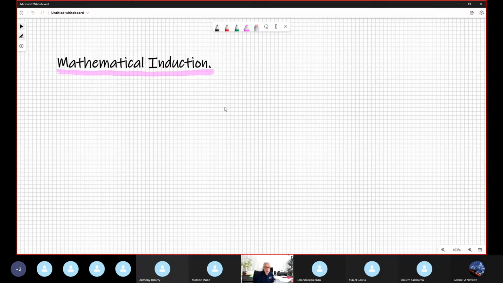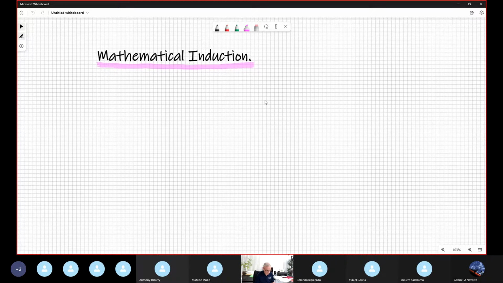Okay, the motivation example: suppose n equals 1. You have 1, the value associated with n equals 1. Suppose n equals 2, and you add 1 plus 3. The idea is adding the first odd numbers.